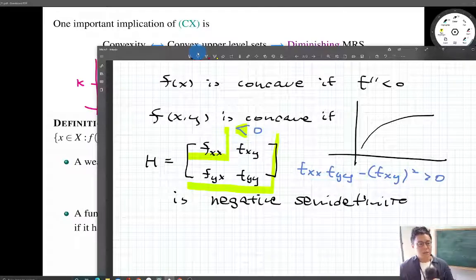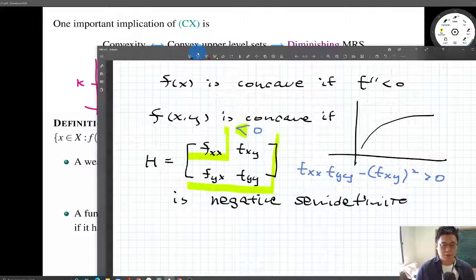Okay, so if the sign alternates like this, then the multivariate function f is going to be concave. Okay, so here's the definition of concavity, but one weakness of concavity is that it is not an ordinal property, meaning that it is not preserved under monotone transformation.